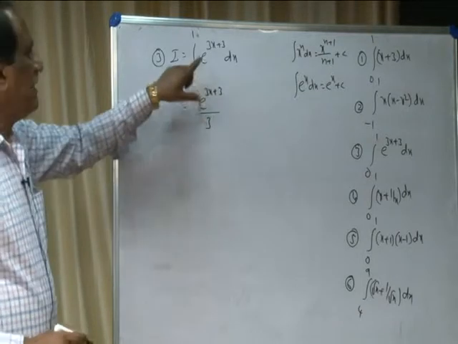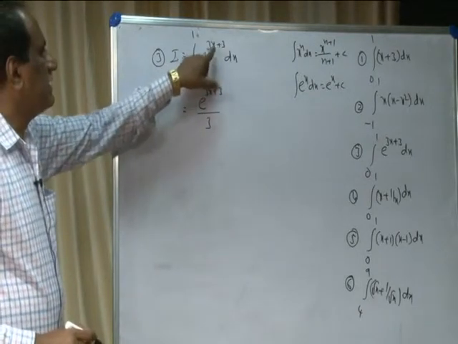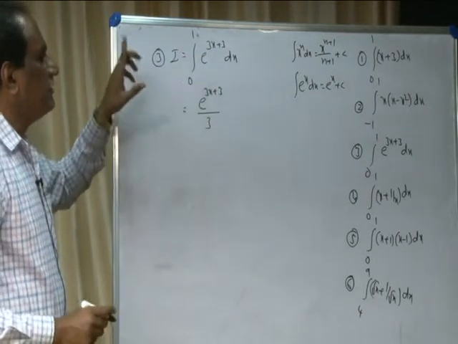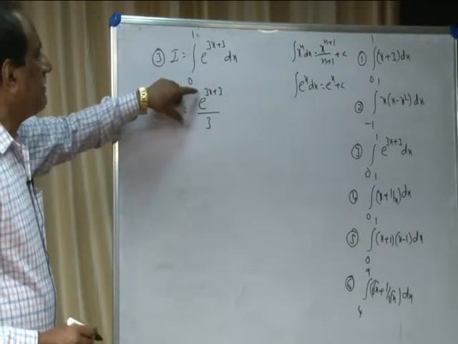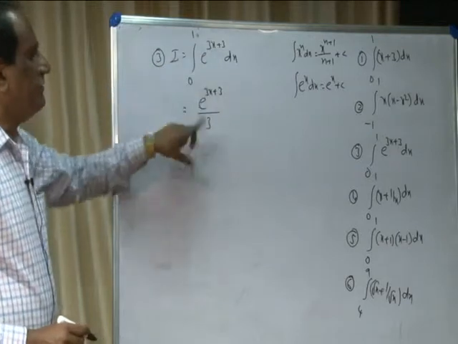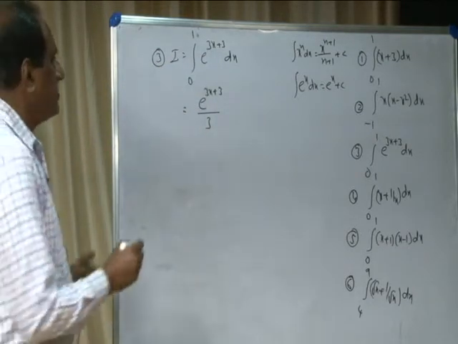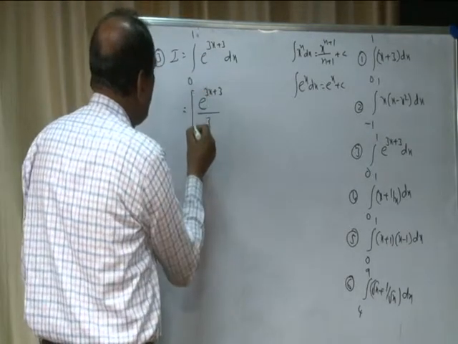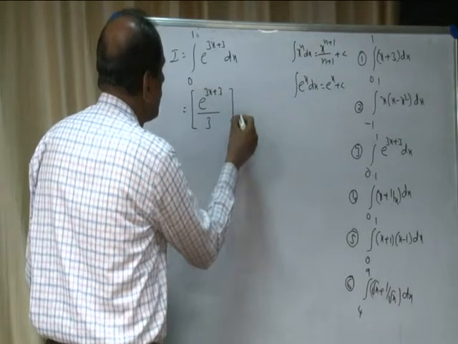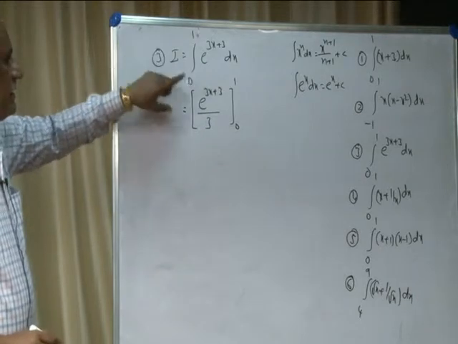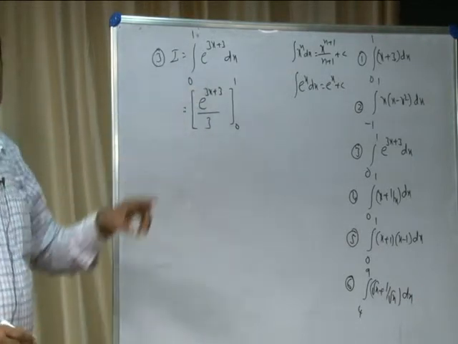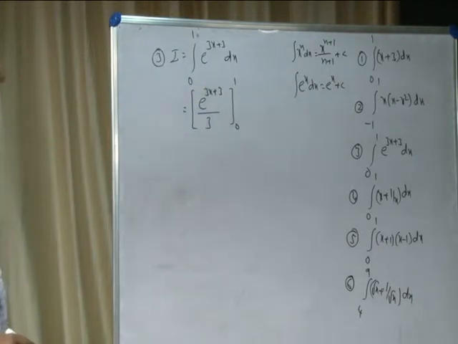How to differentiate? E power 3x plus 3, 3 into e power 3x plus 3, that is the procedure to differentiate. To integrate means write the derivative in the denominator. So between the limits 0 to 1, the integrated function is e power 3x plus 3 by 3.